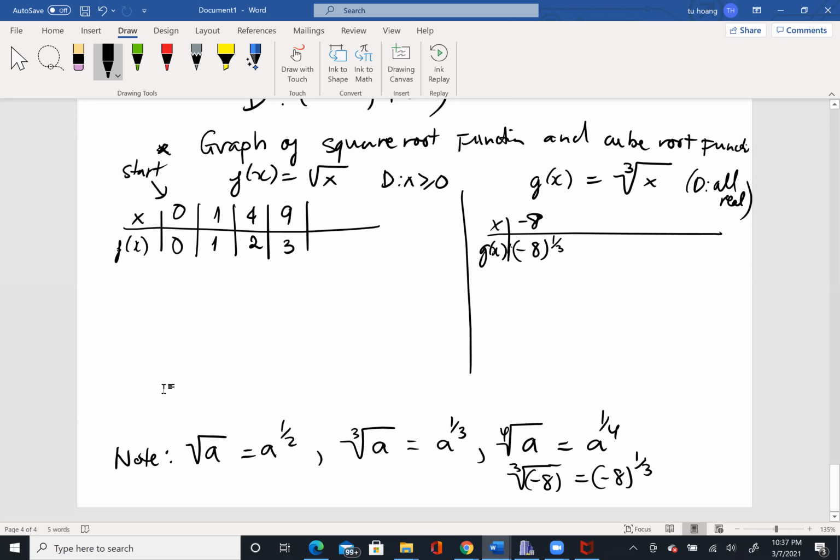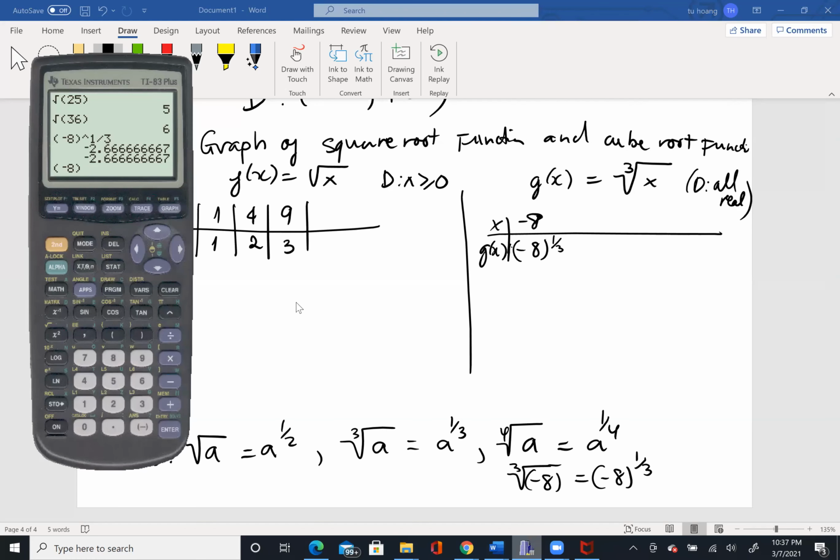Why do I write this? Because if your calculator doesn't have a cube root, you can just use the power of 1/3. You should put the power 1 divided by 3 in parentheses, so that the calculator understands the power is 1 over 3.